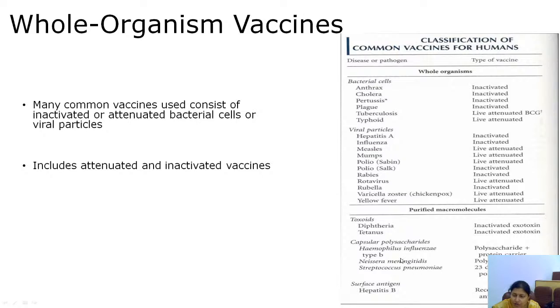Similarly, for Neisseria meningitidis, we take the polysaccharide. In Streptococcus pneumoniae, we take the polysaccharide, and in hepatitis B, we take the surface antigen, which is again modified as a recombinant surface antigen. So this classification and these examples are very important.